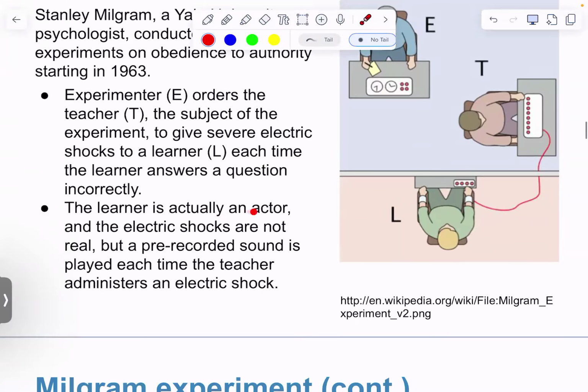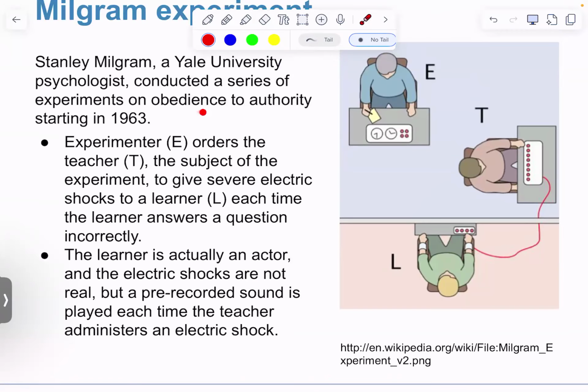The learner is actually an actor and the electric shocks are not real, but a pre-recorded sound is played each time the teacher administers an electric shock. So the teacher thinks it's real and they think they're shocking their student every time they answer something incorrectly. Again, it's an experiment on obedience to authority. I've been told to do this. I have to do it, guys.